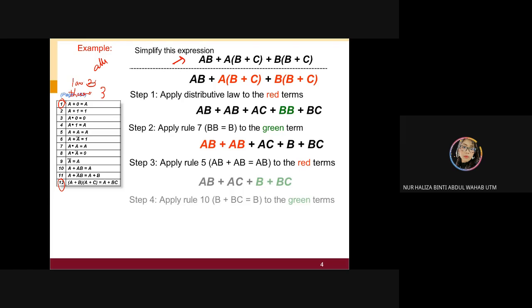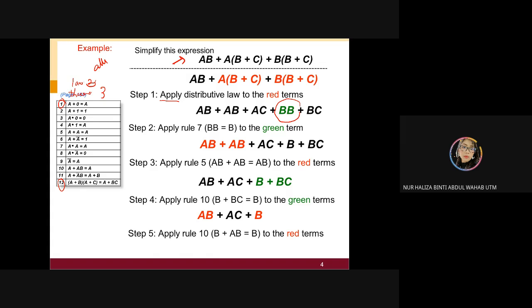Okay, this one we have taken a look yesterday. How are you going to apply your rules? You can see over here, this is rule number 7, and there is another rule which is AB plus AB, rule number 5.